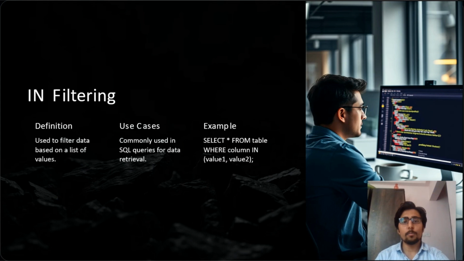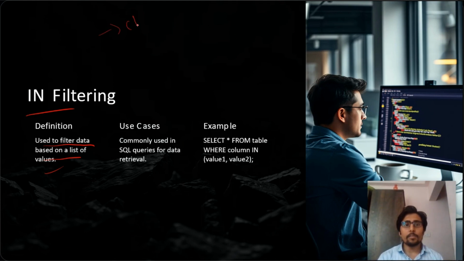And now let's move to the other query that you can see over here, which is IN filtering, right? IN filtering is used to filter data based on a list of values. For example, if you want to find some particular value in customer data or something, you can use IN filtering here. So basically, instead of writing multiple OR conditions, you can use IN for cleaner queries.